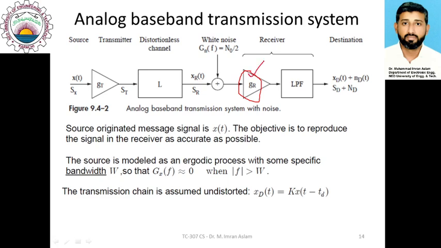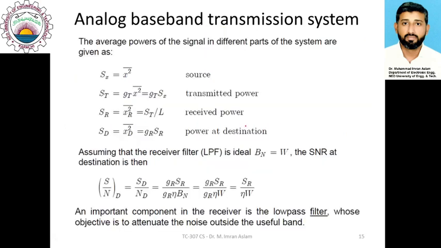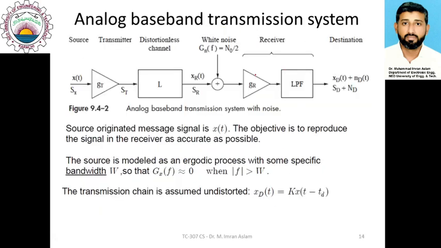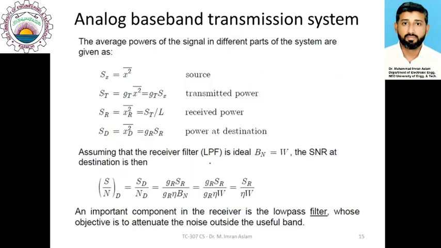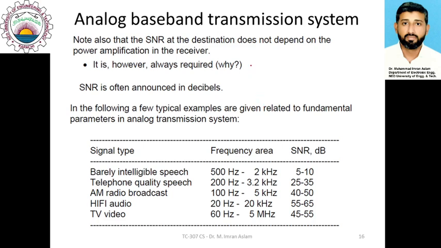Although we are providing amplification, it is provided to the received signal as well as to the noise. So this amplification does not affect the signal to noise ratio. When we calculated the signal to noise ratio, the effect of GR was cancelled out. So SNR at the destination does not depend on the power amplification in the receiver.